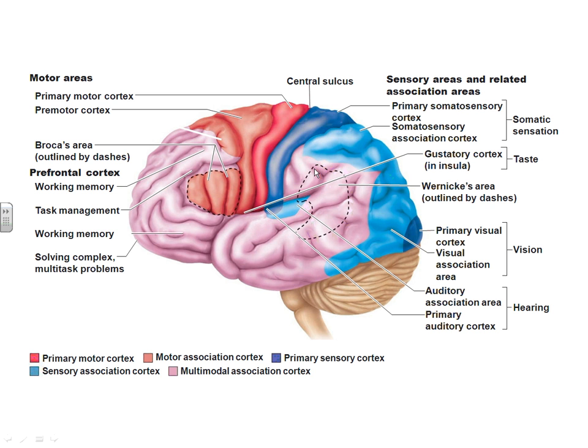Outlined here by these black dashes is another area that helps us with our speech. This is called Wernicke's area. Wernicke's area allows us to think about what we want to say. So if you've ever met someone that had a stroke, they may have lots of things depending on the area of the brain that's affected.